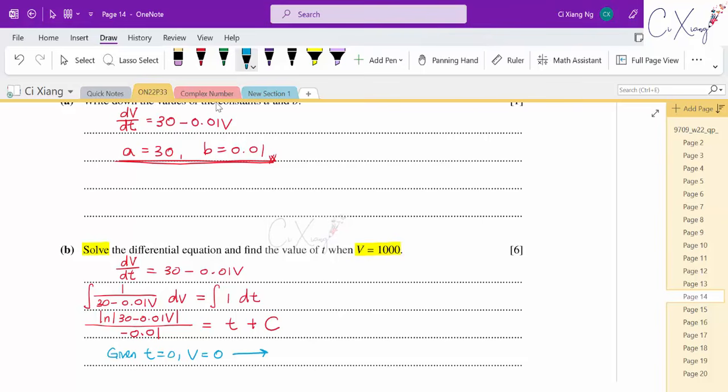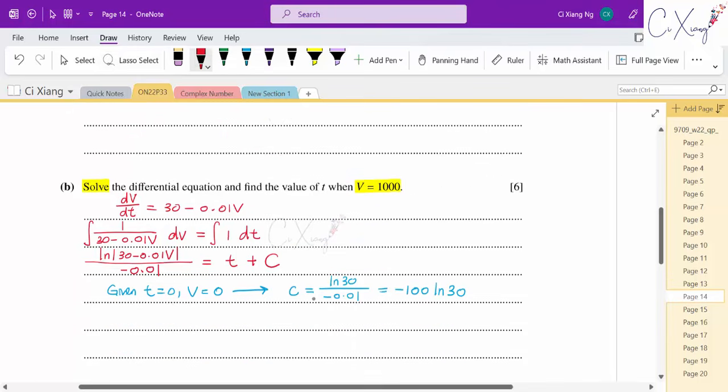If we substitute into our general solution, you'll see that c equals ln 30 divided by negative 0.01. And to make it look nicer, I change 1 over 0.01 to 100, so c is negative 100 ln 30. This is my value of c.